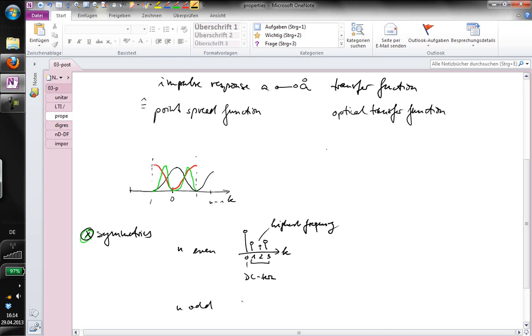For n odd, the picture is a little bit different. So here the highest frequency would be somewhere in the middle.